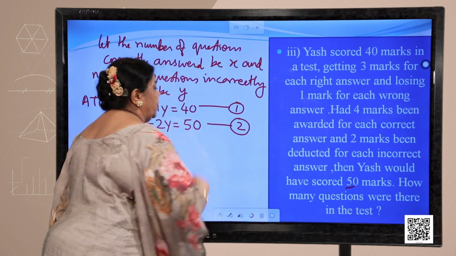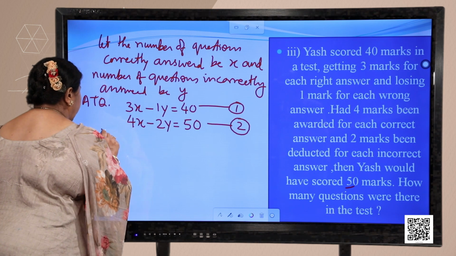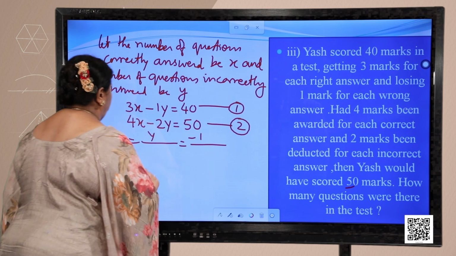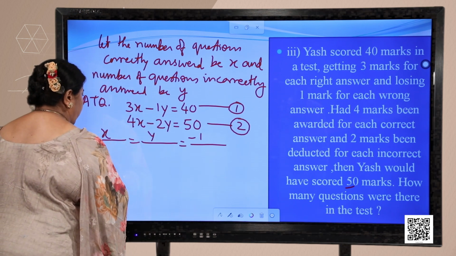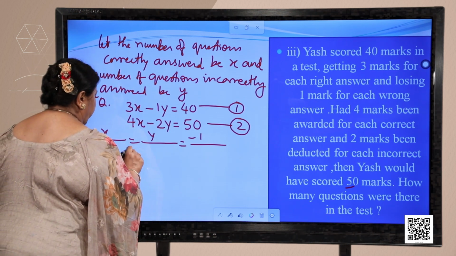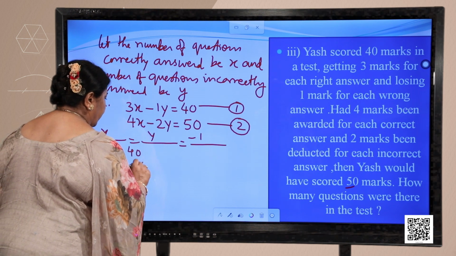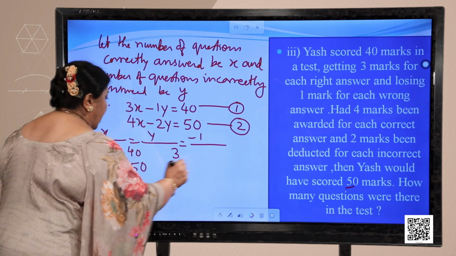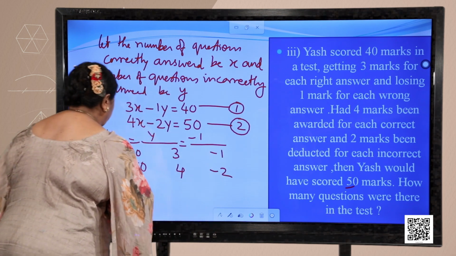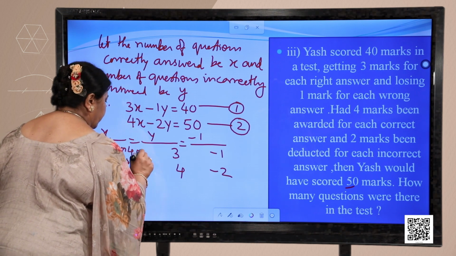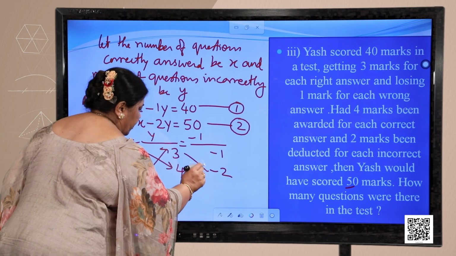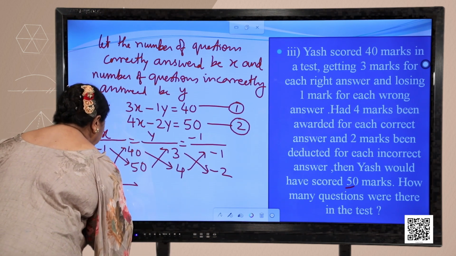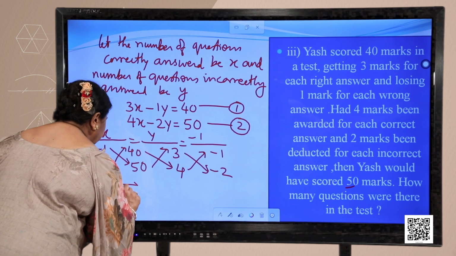Okay. So, let us use the cross multiplication method: x upon, y upon, minus 1 upon. So, minus 1, minus 2, 40, 50, and we have coefficients of x as 3, 4 and of y as minus 1, minus 2. Now, we follow the pattern, and we get minus 50, minus minus gives me plus.